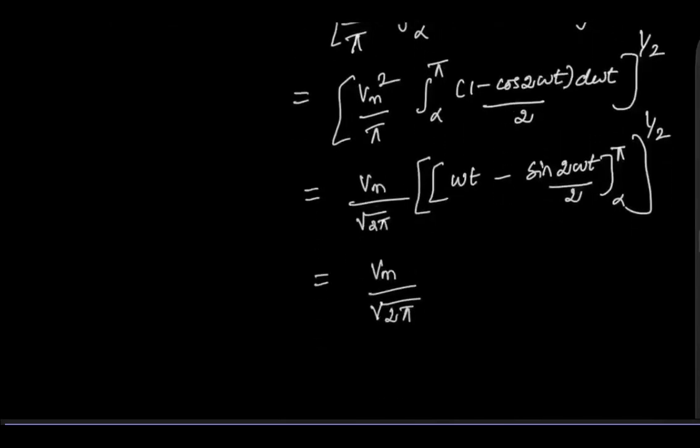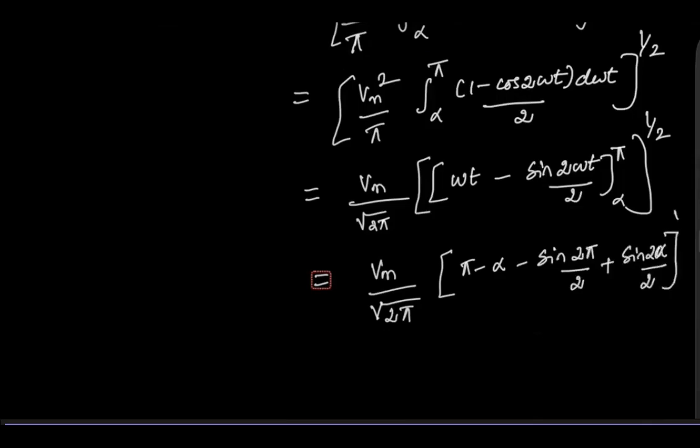For omega t, after substituting the limits, we get pi minus alpha. And for sine 2 omega t by 2, substituting the limits, we get sine 2 pi by 2 minus sine 2 alpha by 2, to the power 1 by 2.